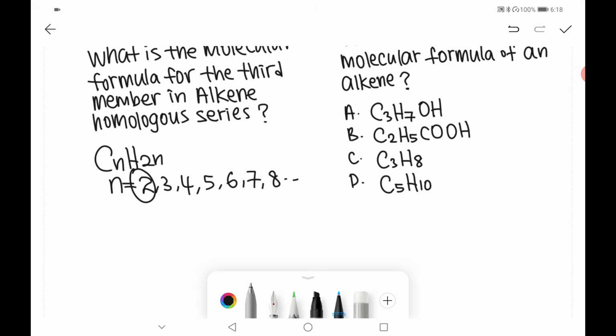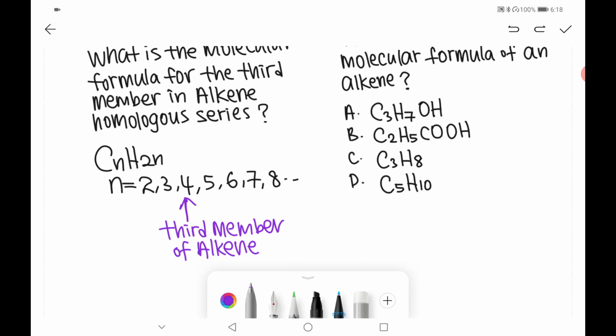So 2 carbon is the first member in alkene. Now this one is the third member of alkene. So now you know already, the third member of alkene has 4 carbon.